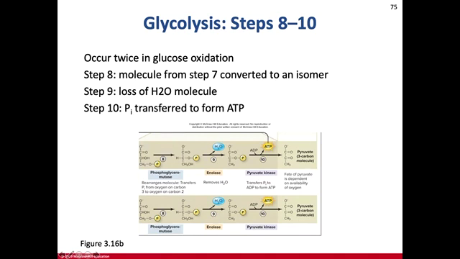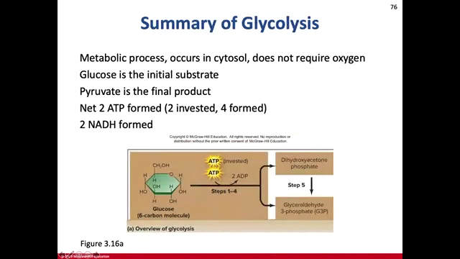And this phosphate bond is so packed with energy that it can be used to send a phosphate to ADP, making ATP, all right, because the energy content here is actually greater than the energy content of the ATP, and then we generate now pyruvate, which is eventually going to move into the mitochondria, okay?